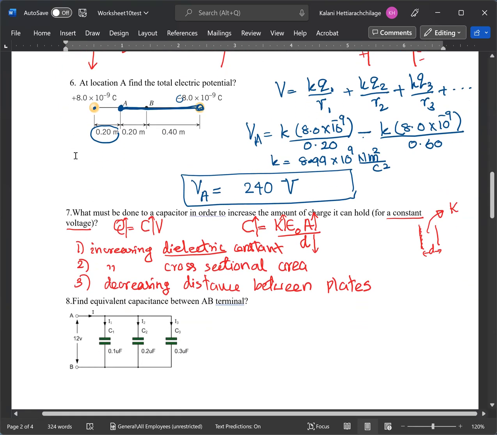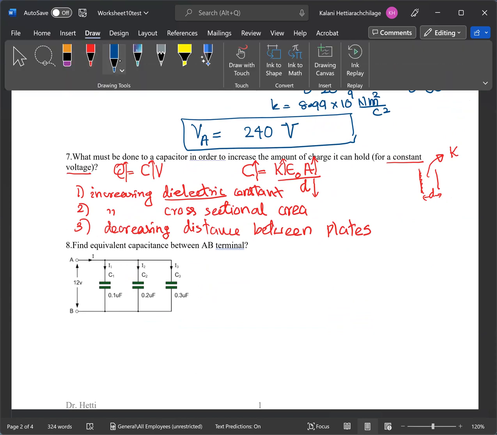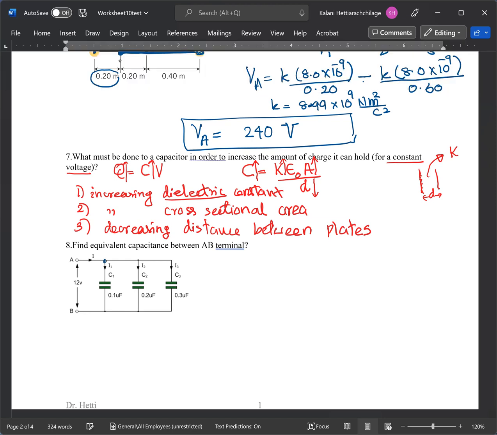Okay. Now we're going to solve a very simple problem involving capacitors in parallel connection. This is called a parallel connection because you see that this and this are parallel to each other, right? So we call it the parallel connection of capacitors.